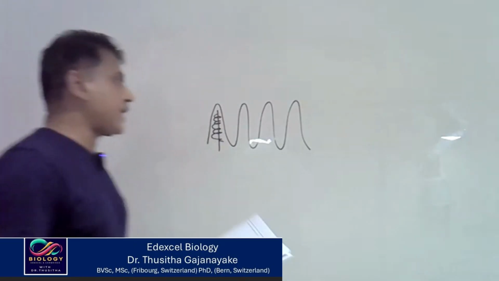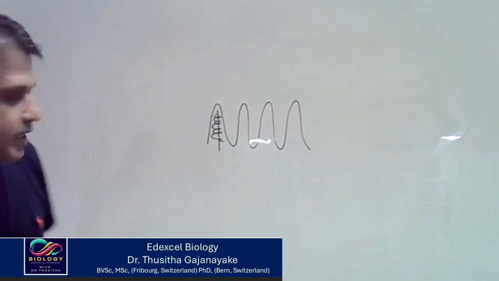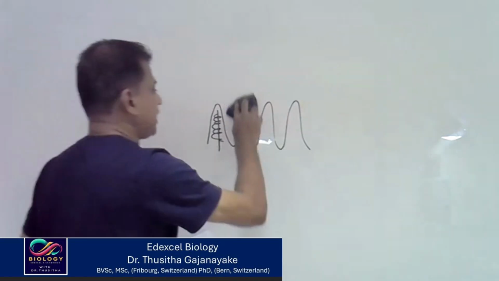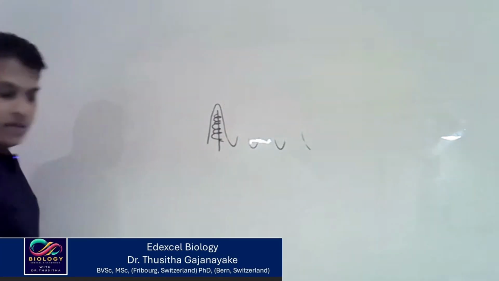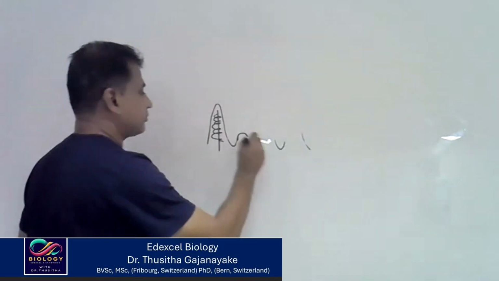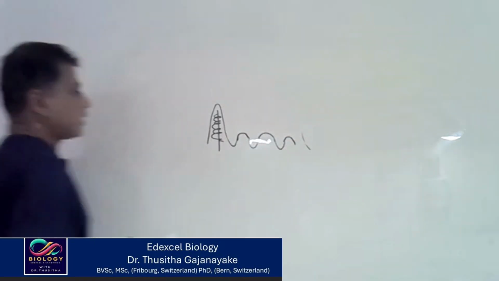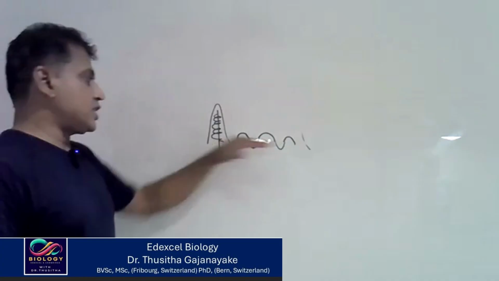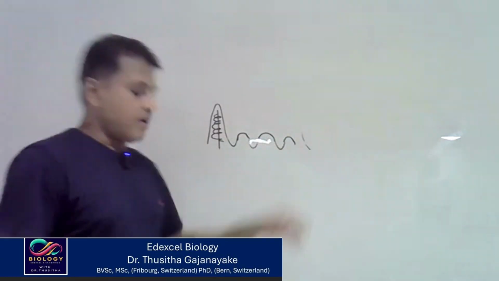Then celiac disease, what it says is the person lost a large number of villi. So a diseased person has a smaller number of villi, right?